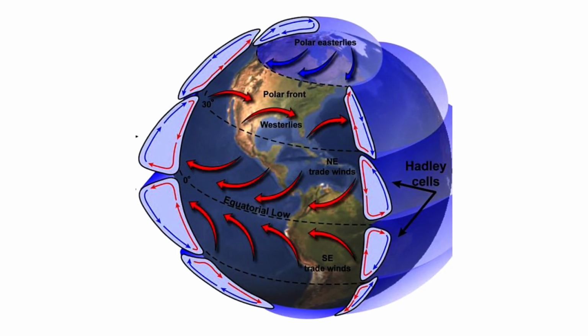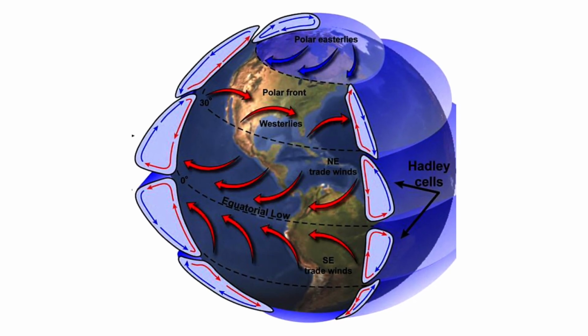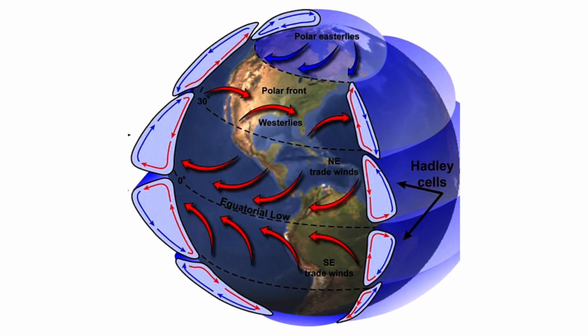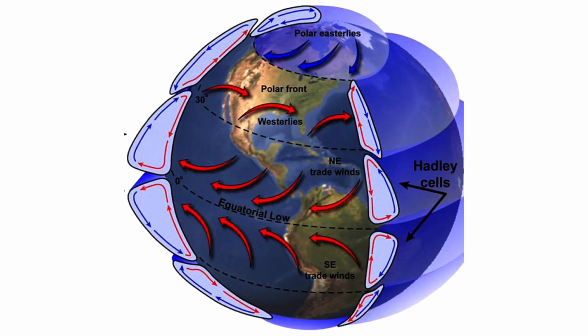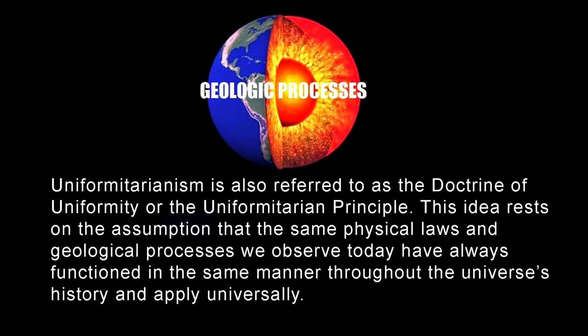The theory of uniformitarianism suggests that Earth's geological features were formed through slow, consistent and ongoing processes that have acted in the same way throughout geological time. These natural forces and patterns have always been present on Earth and will continue to operate into the future.